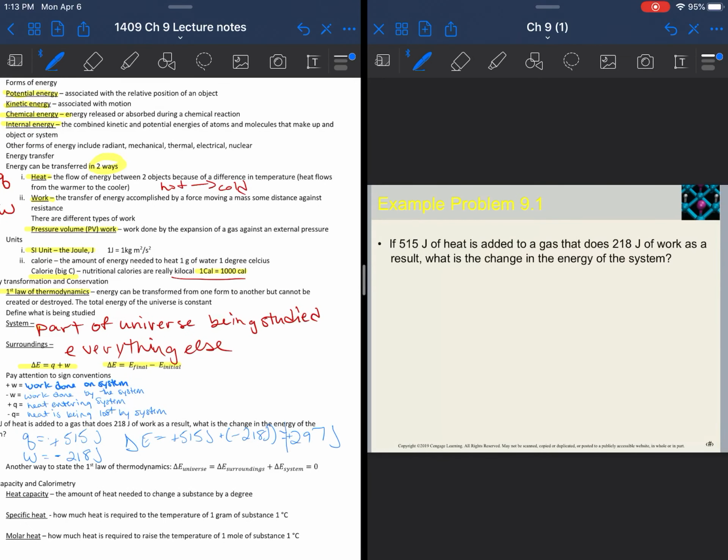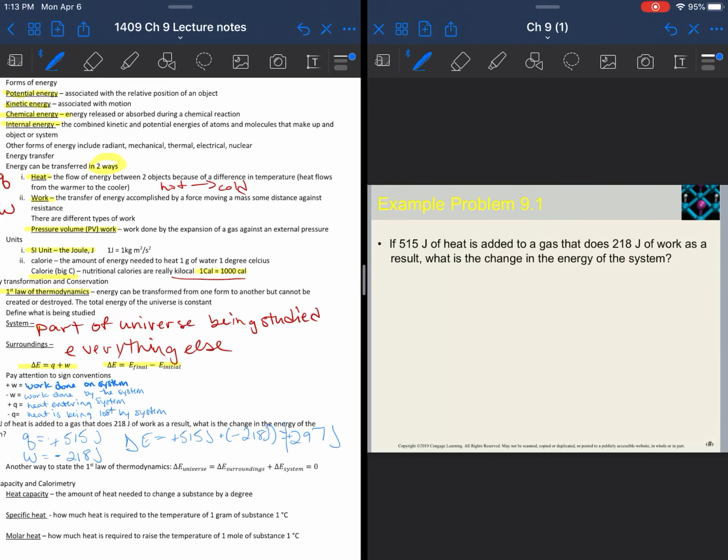And that is a positive number, which is important, right? 297 joules. That means the overall energy of the system increased 297 joules.